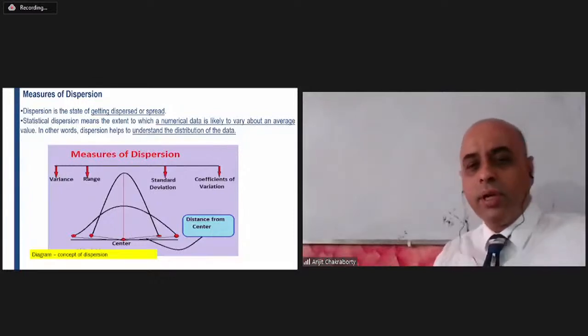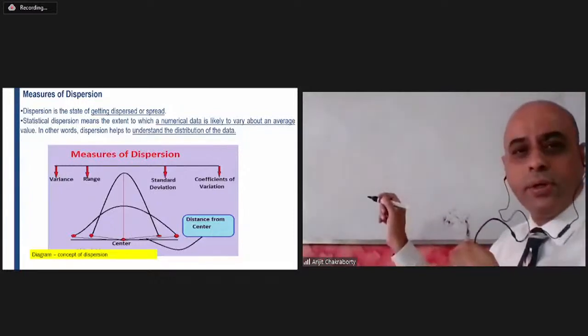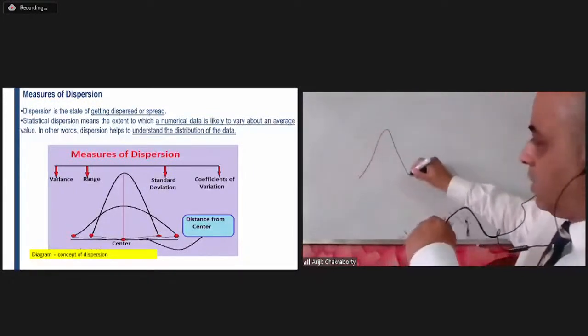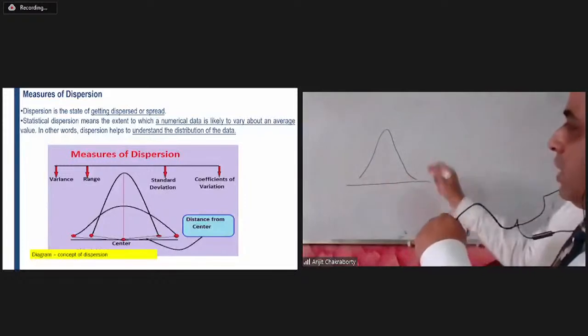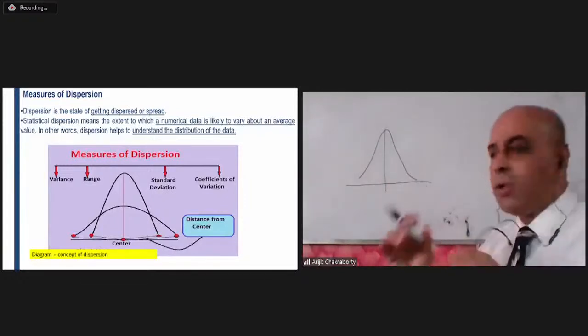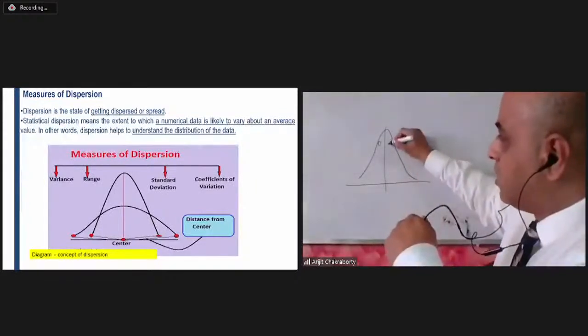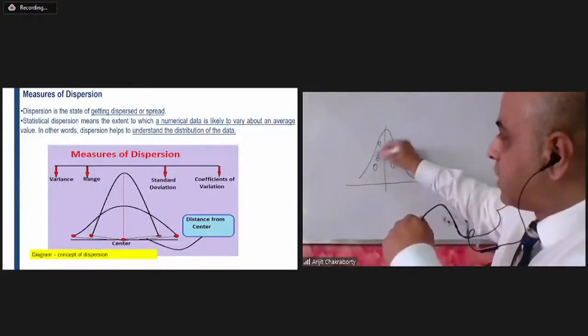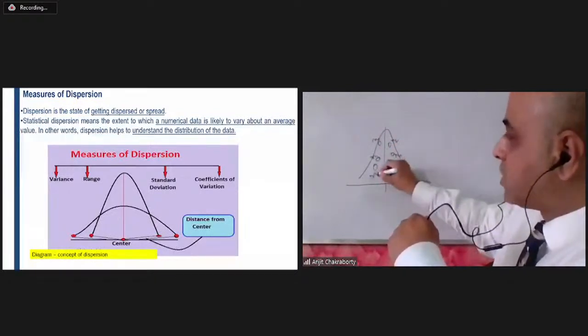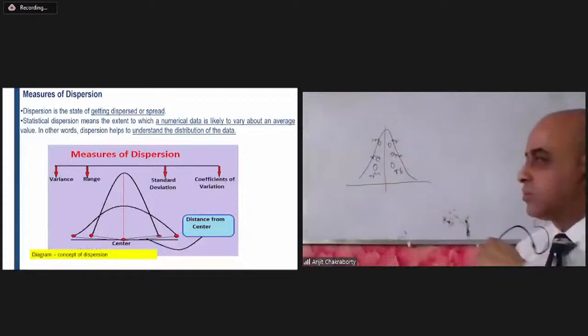Say I'm taking a small example here and I'm drawing it on the whiteboard. Say I have a curve like this, and this is the midpoint of the curve. I have certain observations, x1, x2, x3, x4, x5, x6, different values.